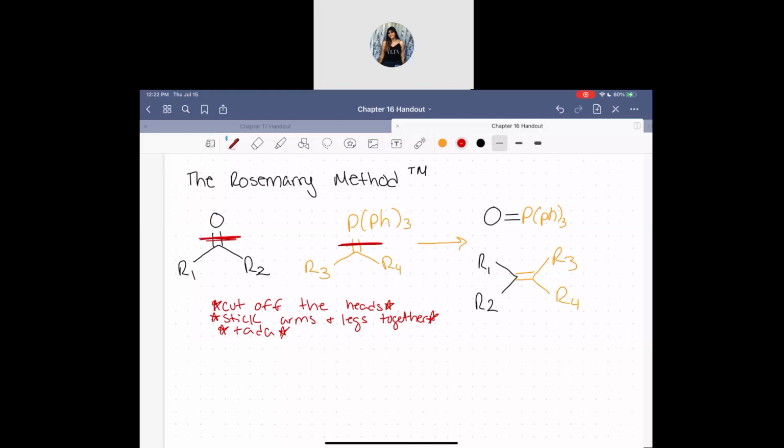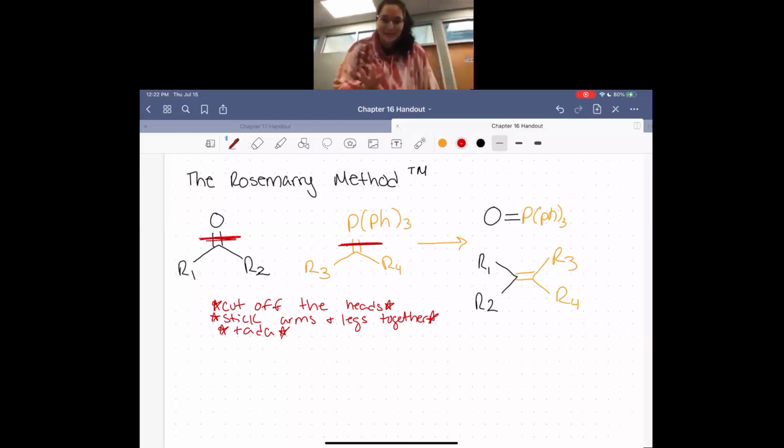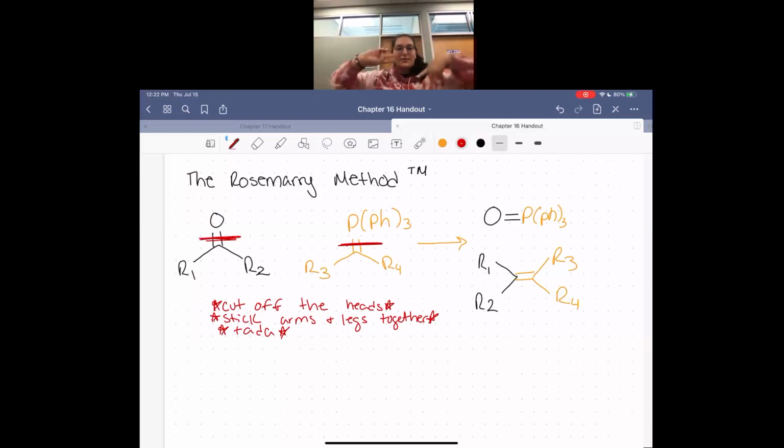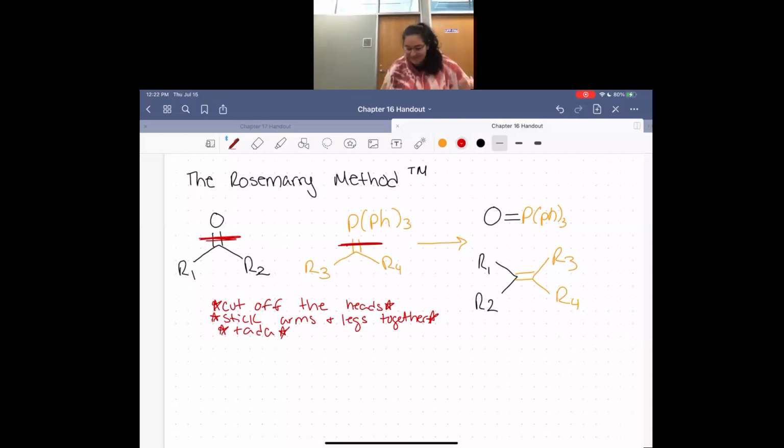Okay, so this reaction is super, super specific, right? R1 and R2 have to be on the same carbon. R3 and R4 have to be on the same carbon. You can flip-flop the two, but you can't switch across. And so my demonstration is: R1 and R2 are my arms, R3 and R4 are the legs, right?